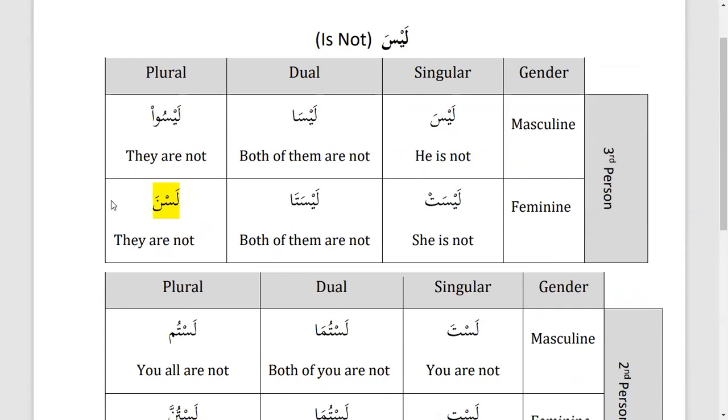For example, in the Quran almost 1,000 verbs are used. If you can memorize the conjugation of one verb, all 1,000 verbs will be conjugated on the same pattern with few changes. They will be conjugated in the same way as we did for dhahaba.